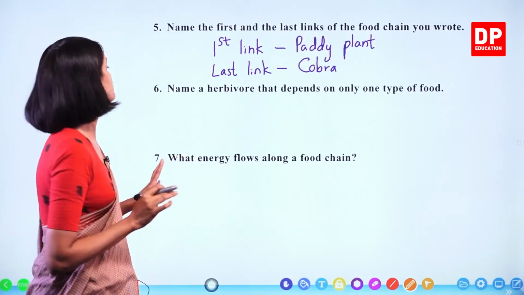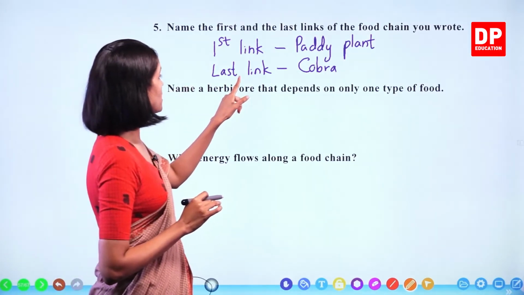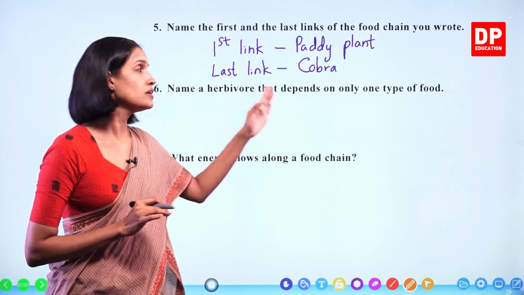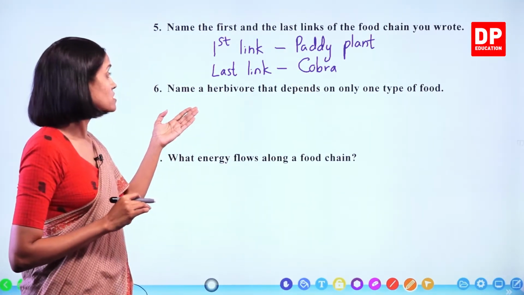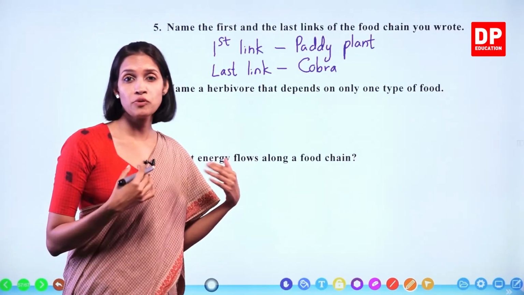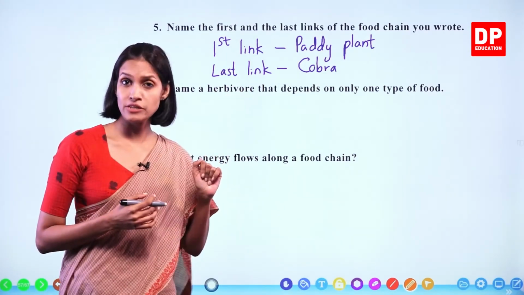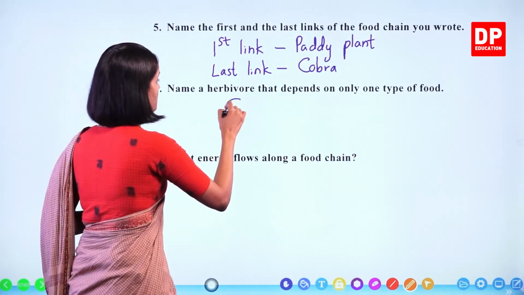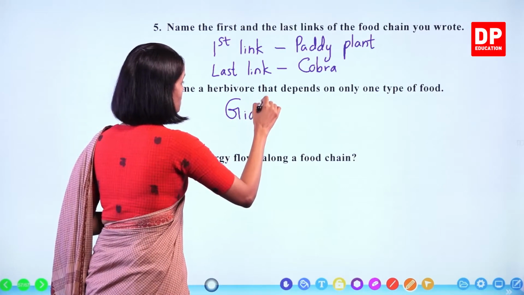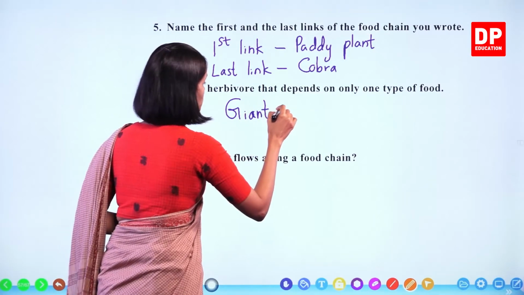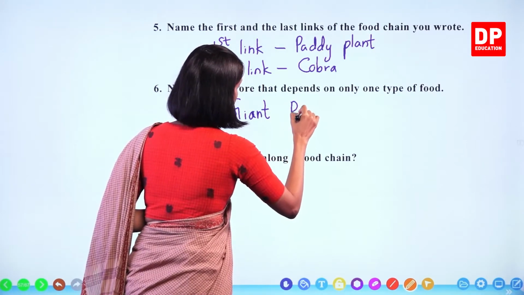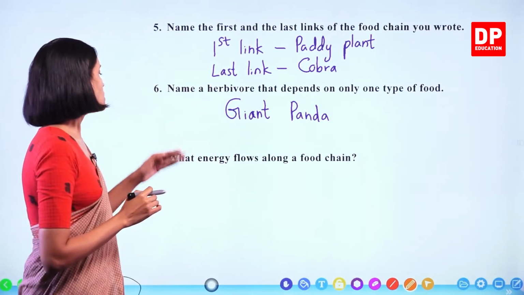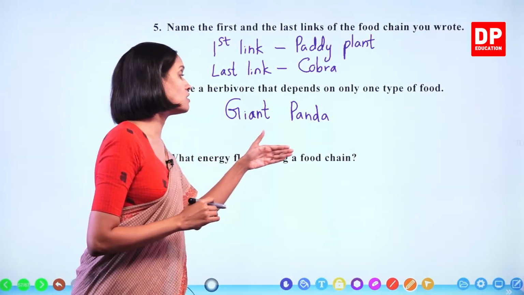Right, children? Name a herbivore that depends on only one type of food. There are some animals who depend only on one type of food. Now, we did an example during the lesson. What is the animal? Giant panda. Giant panda depends on bamboo. Right. What energy flows along a food chain?